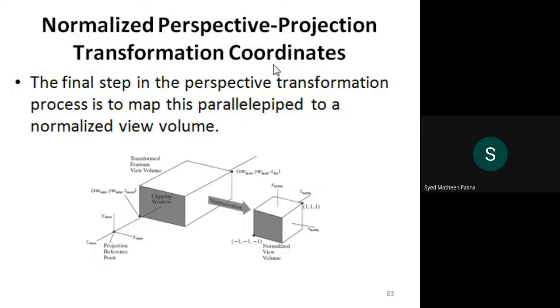So, with the help of this transformation of coordinates, you will be able to convert the clipping window towards a normalization part, that is with respect to the view volume.